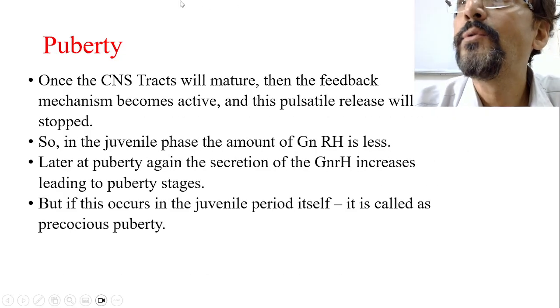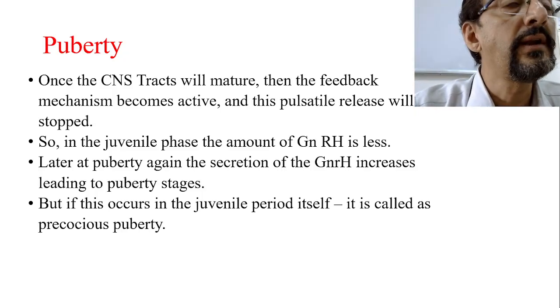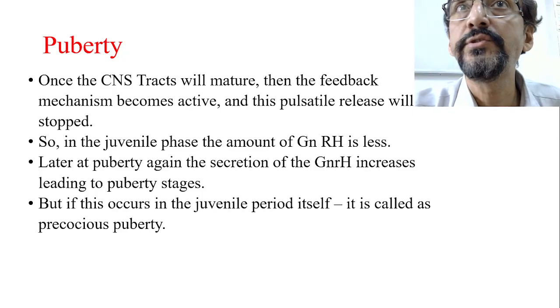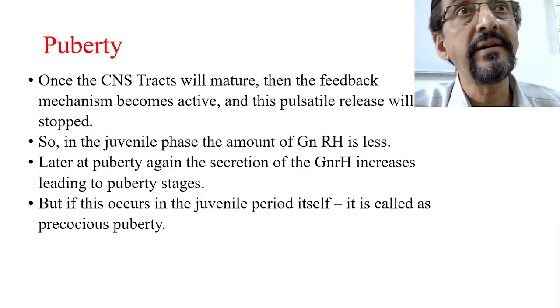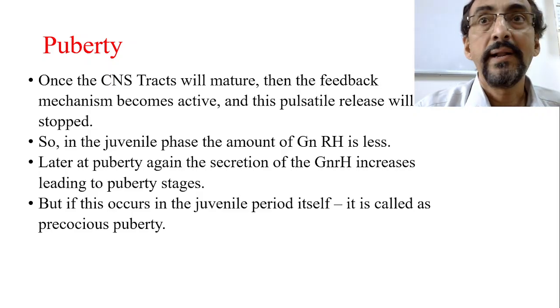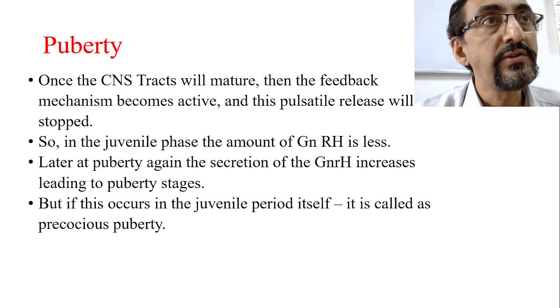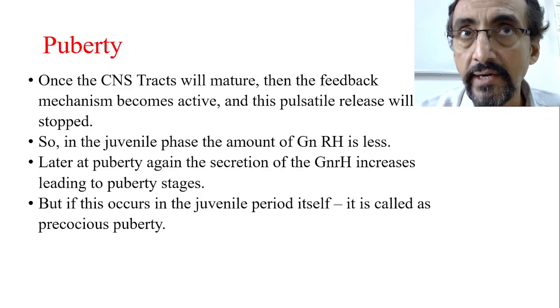Now again the things will change. Once the CNS tracts are mature, after 1 year or 2 years, isn't it? So again, just like in the third trimester, the feedback system starts again. That means in the blood there is a lot of estrogen and gonadotrophin, but it is not utilized by the target cells like the gonads.